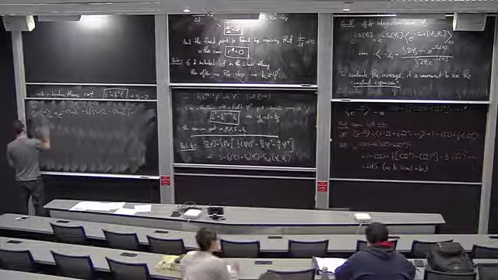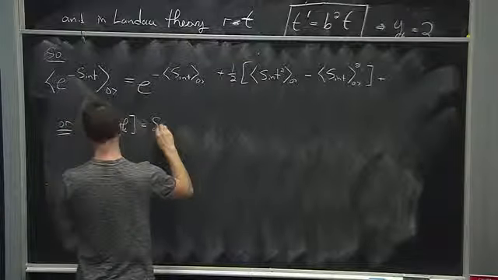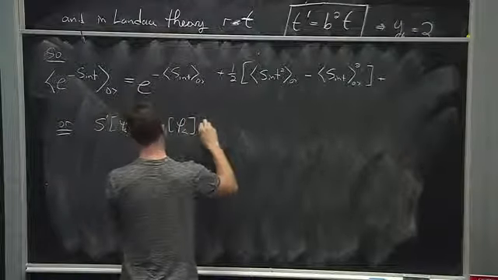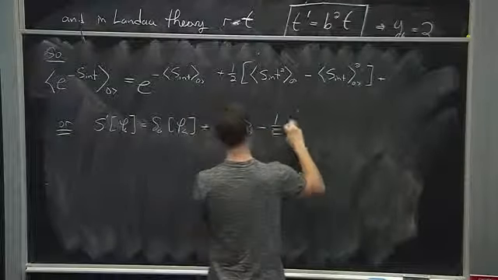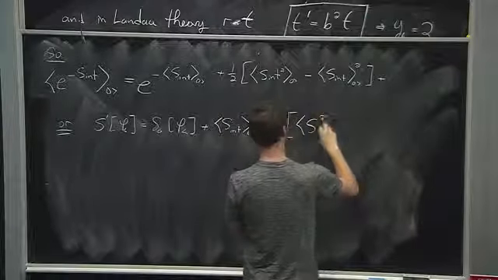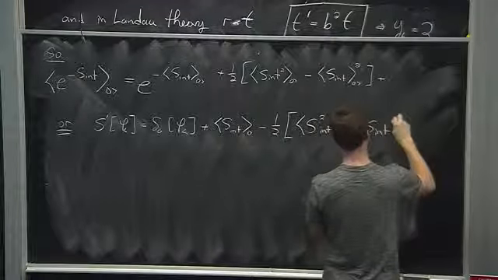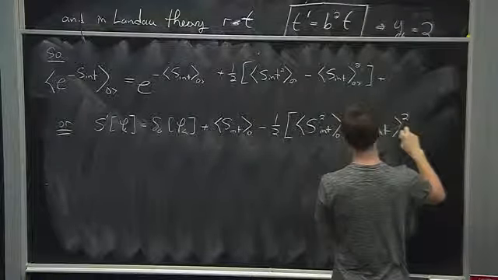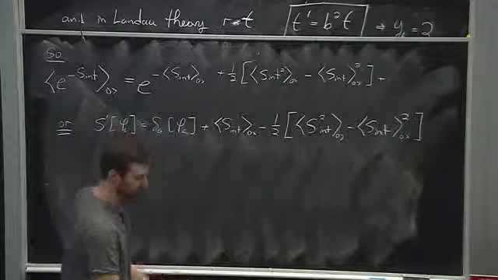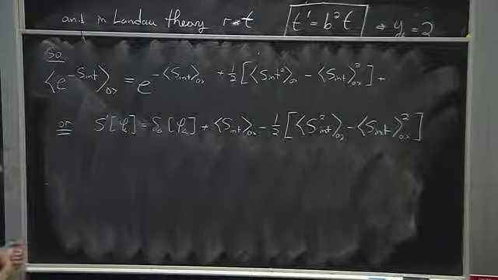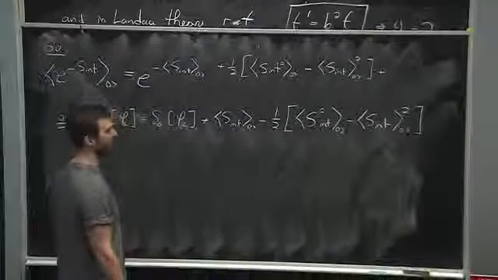So you could also write this as all squared 0. And we're only going to go to second order, so I'm just going to quit writing plus dot dot dot.